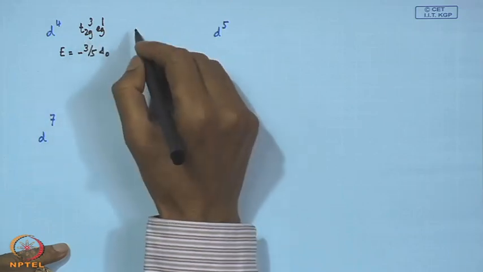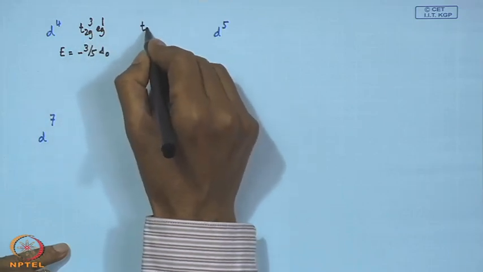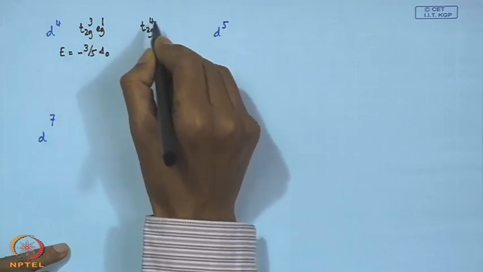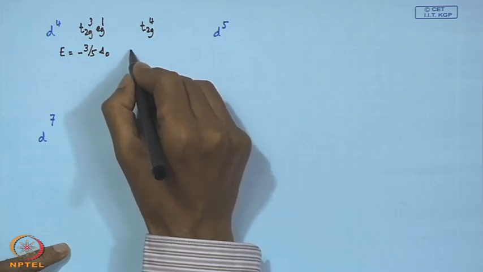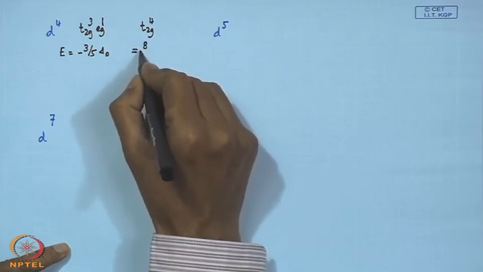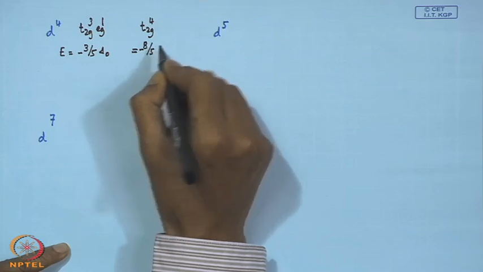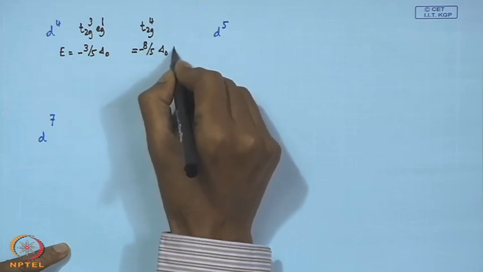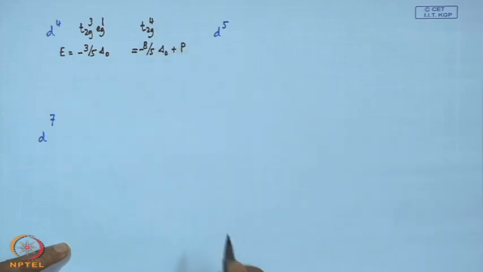This is for high spin. For low spin we have t2g4, and E is equal to minus 8/5 delta O plus P.